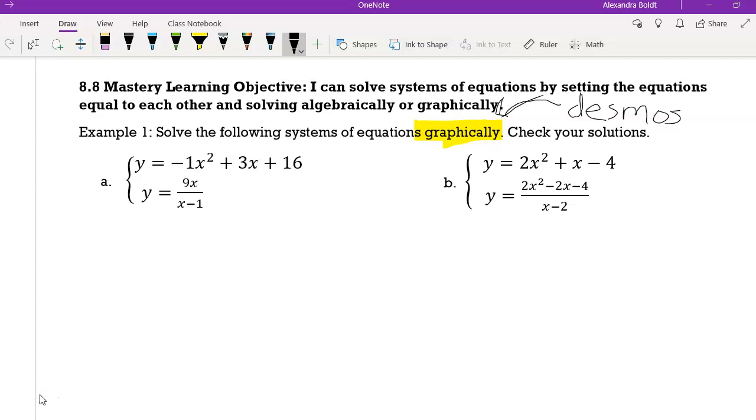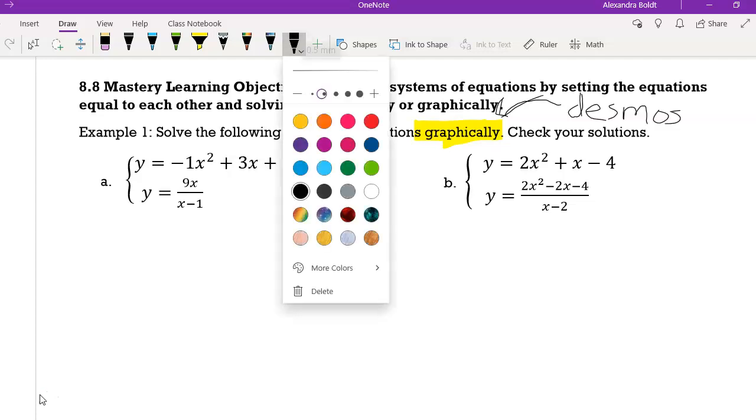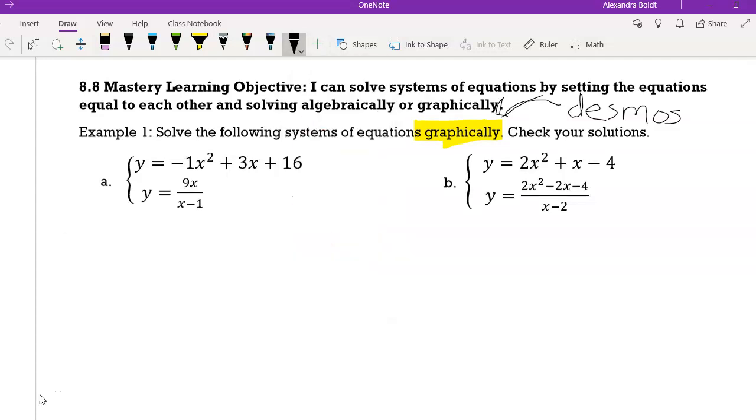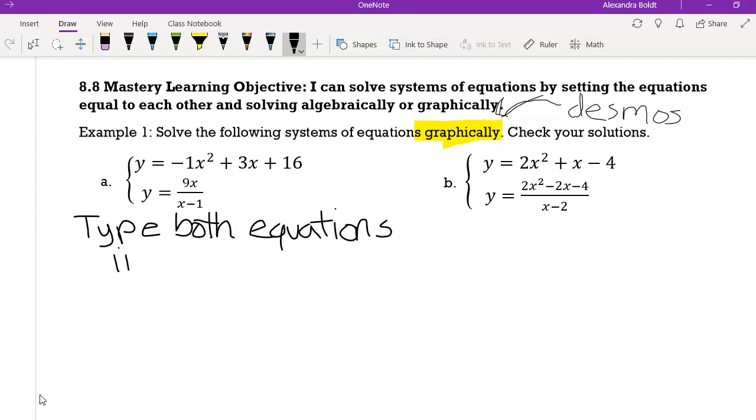So in order to do both of these, all we have to do is type both equations into Desmos.